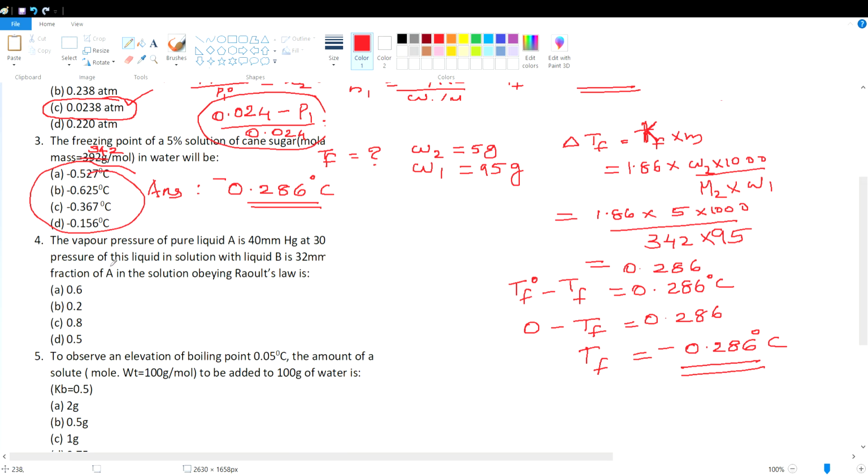Now question number 4. Vapor pressure of pure liquid A is 40 millimeter mercury at 300 Kelvin. This portion has been cleared off.